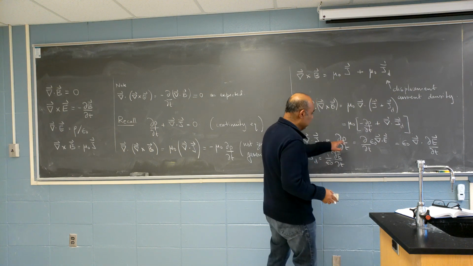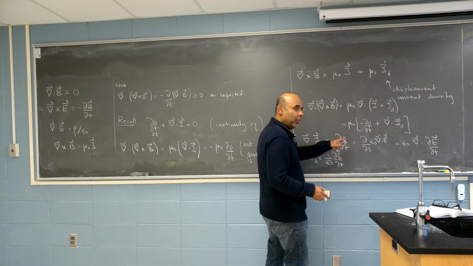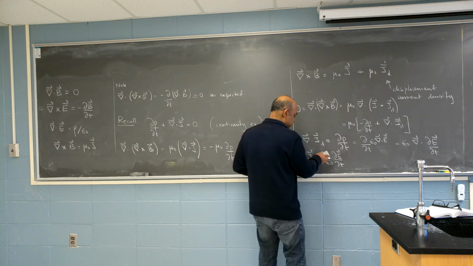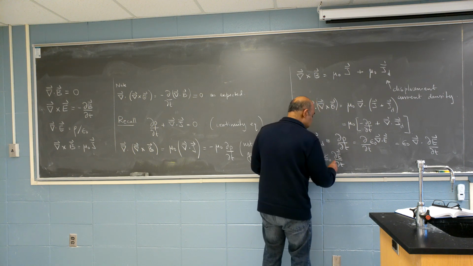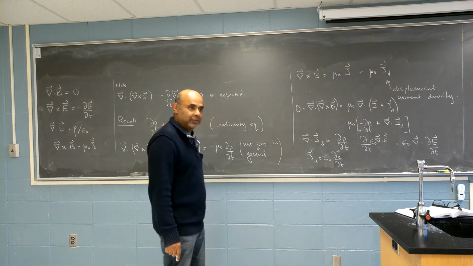No, I mean, divergence of E is rho over epsilon naught, so rho is epsilon naught times. Well, that's why it's called Maxwell's equations and not Gauss's equations.